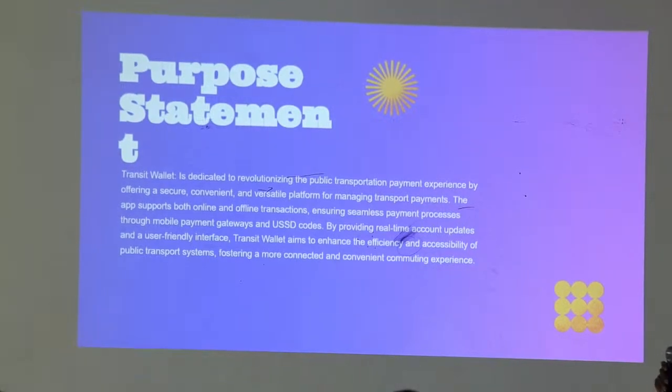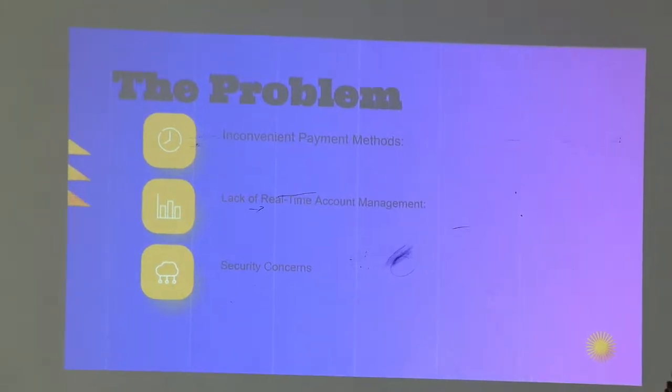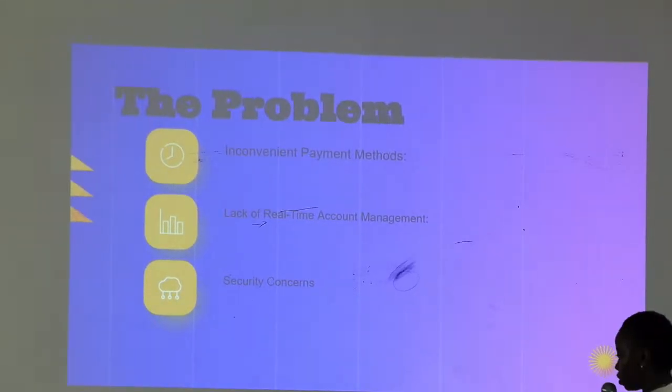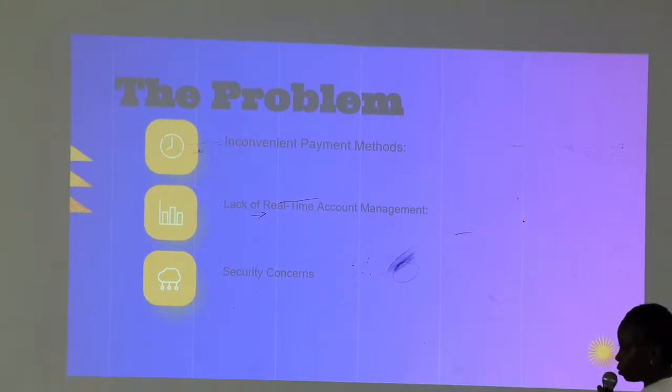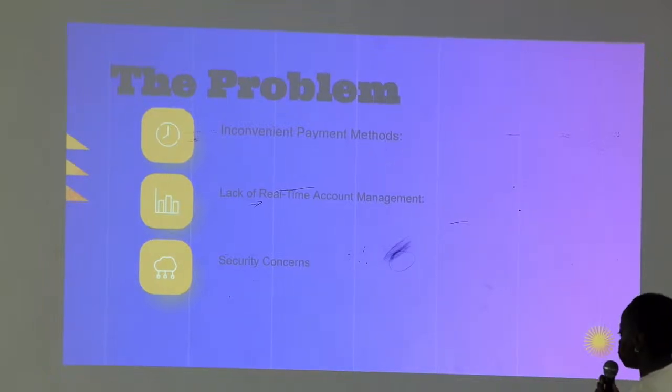One of the problems is Lipa na M-Pesa. You enter the wrong till number, buy goods, and then you wonder what is even happening. So there's that inconsistency in terms of payment. And also there are security concerns.